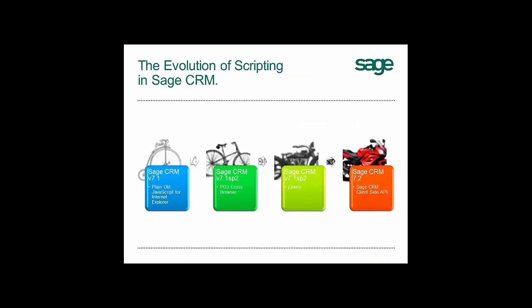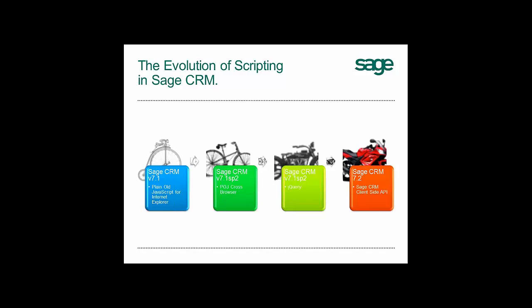So jQuery underlies actually our own API. So any of the mechanism that we're using for Sage CRM's API actually itself is dependent on jQuery as this JavaScript library.